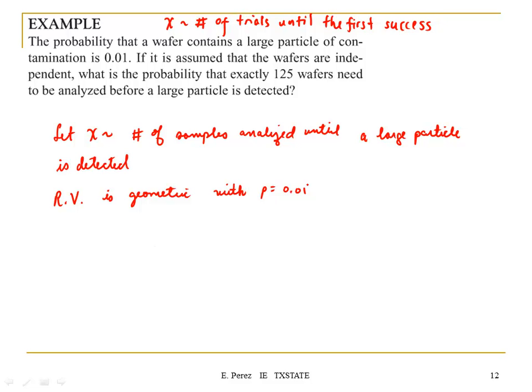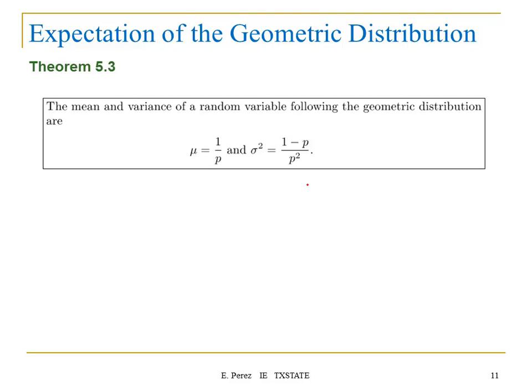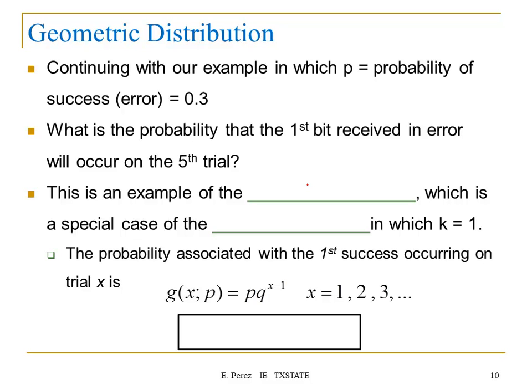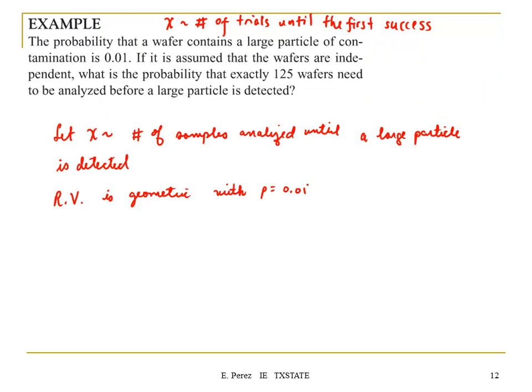So using the geometric distribution, which is stated right here, we can find that probability. In this case, we have the probability of x being equal to 125.